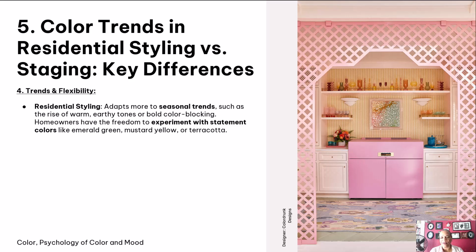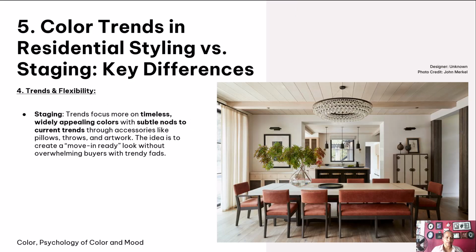I think we're coming off of the Barbie age, where this idea of pink interior is new and fresh. Probably won't be forever. So right now I think it's kind of nice, but in the future, maybe not. But again, you can experiment and do things with residential styling that you probably couldn't do with staging.